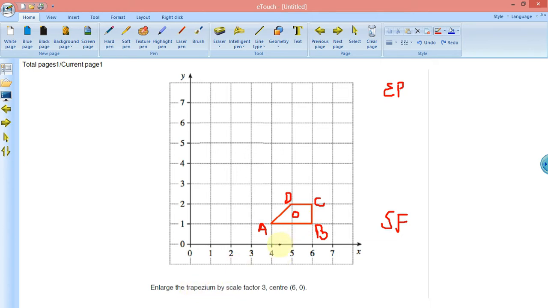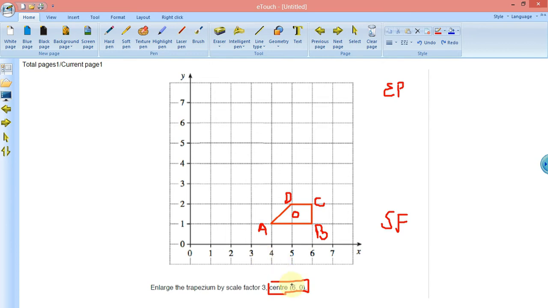The problem here is that A is not 4,1. A can only be 4,1 if the enlargement point is center 0, 0. From center 0, 0, yes, it will be correct to use 4,1, and B will be 6,1, C will be 6,2, and D will be 5,2. But it will be wrong based on this center of enlargement, because the center of enlargement is not 0, 0. So this scale will not work.